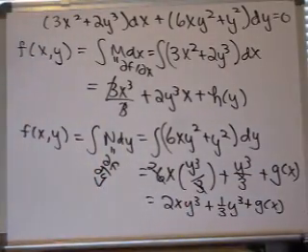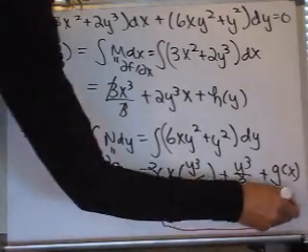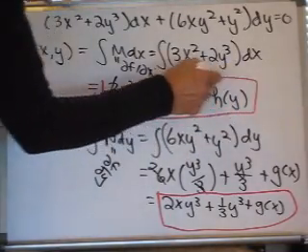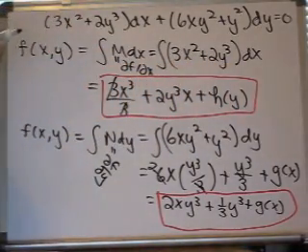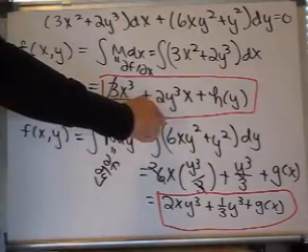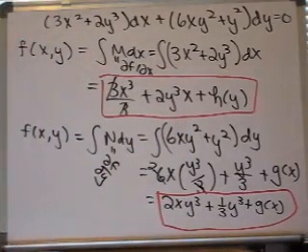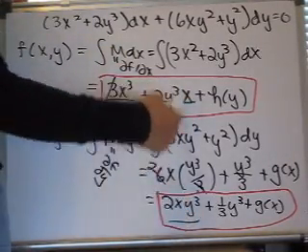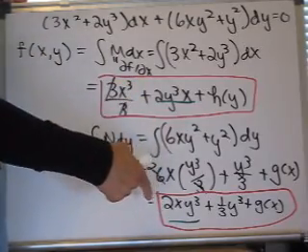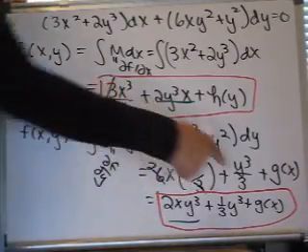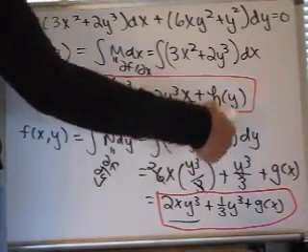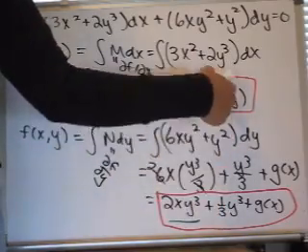Now I want to put together the pieces from both of these partial integrals, and I will fill in the missing g of x and h of y functions by looking at both of these. You should check to make sure that your terms that involve both x and y are the same. Notice I have a 2xy cubed here, which is the same as the 2xy cubed here. That's the only term that involves both x and y. They match up, so that's good. The g of x then must be this x cubed, the only function of x alone. And that means h of y, matching up the functions, must be 1/3 y cubed.